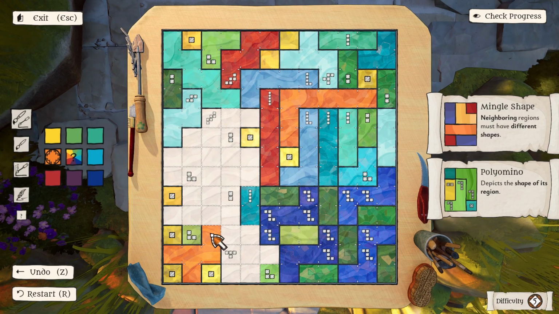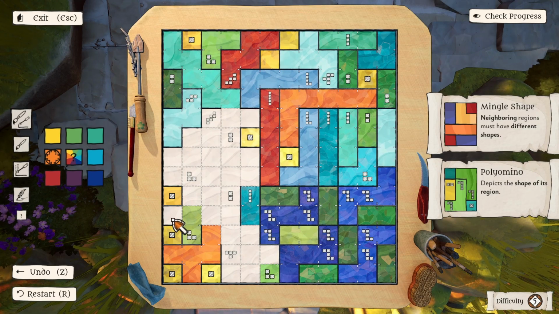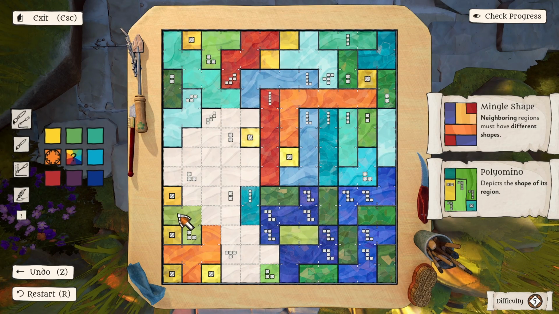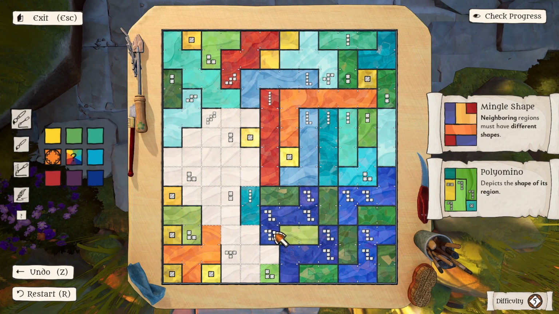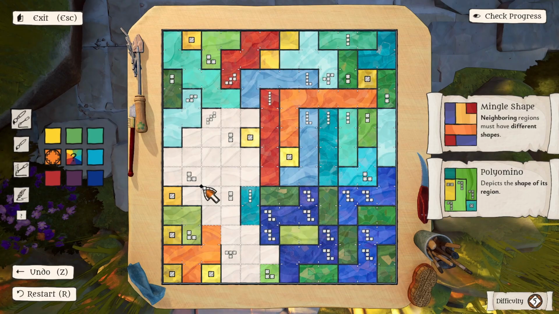Now, yeah, I know this one has to come out here, and if it doesn't take that, I get a single. Mingle shape says no. This one can't go that way.